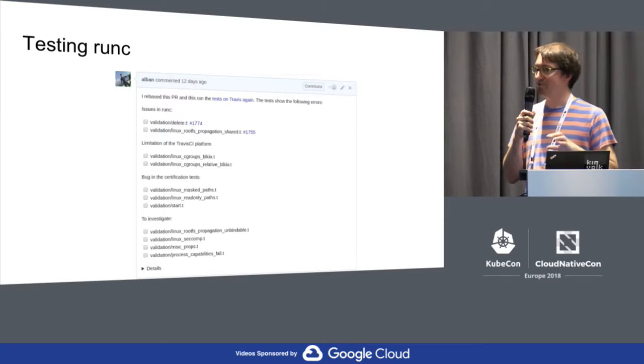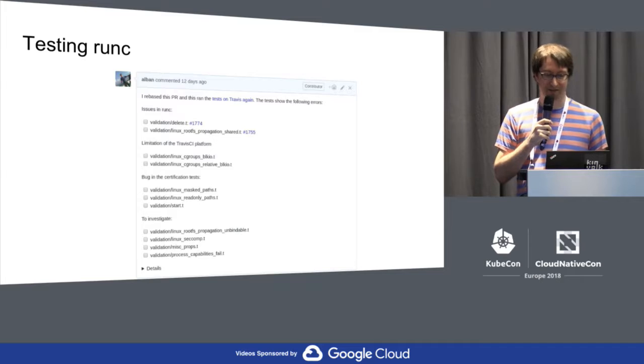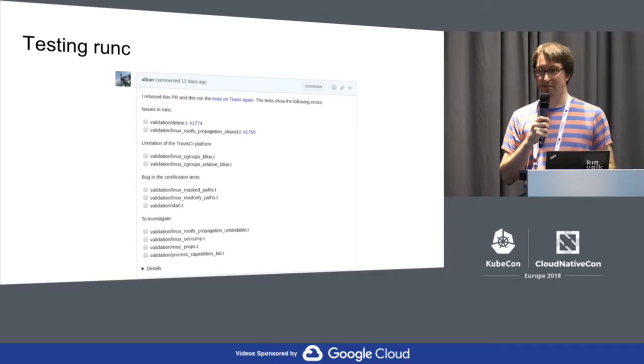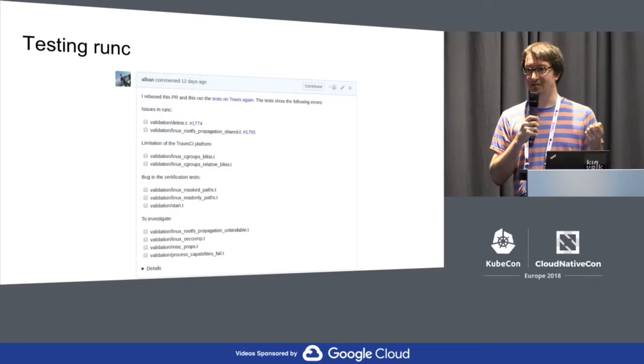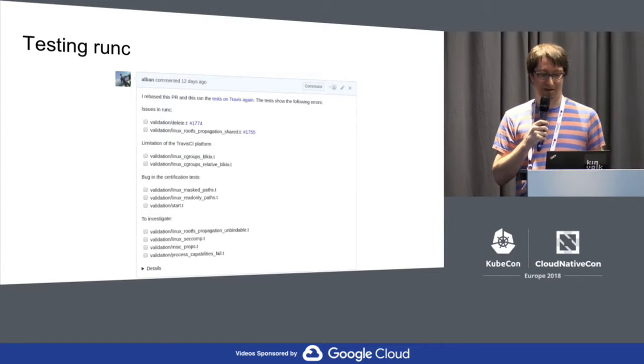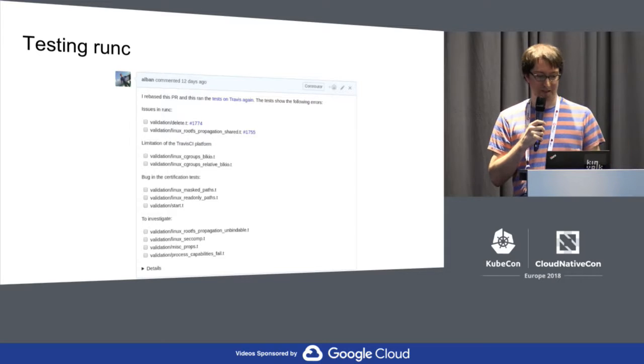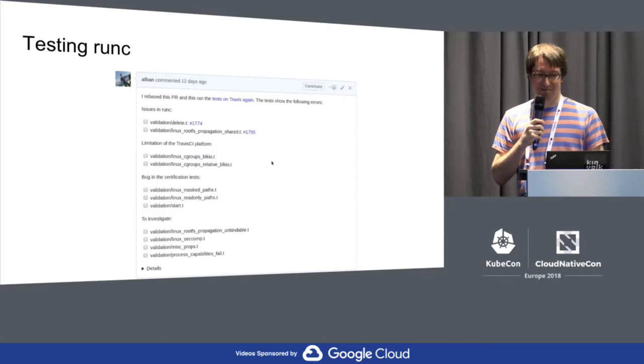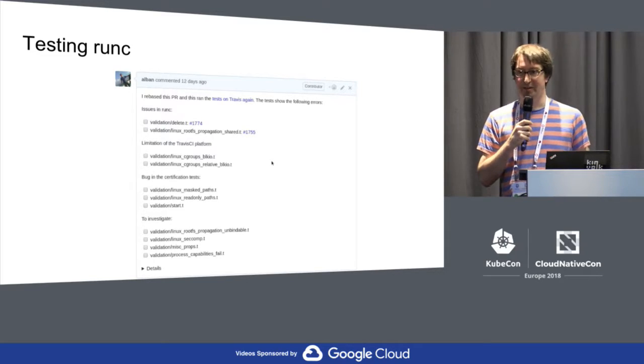This is a kind of summary that I've written a while ago about tests on runc. Whenever the tests give a failure, it could be because of a bug in runc, that it doesn't follow the spec. So there is a couple of issues filed for that. These tests are run on Travis, so it could be a limitation of the Travis CI platform.